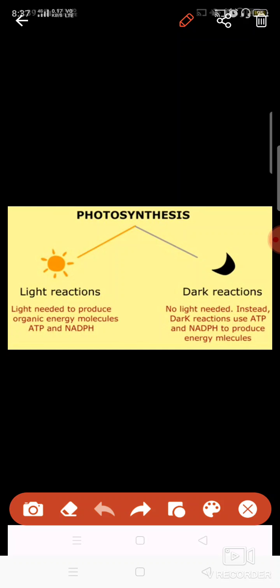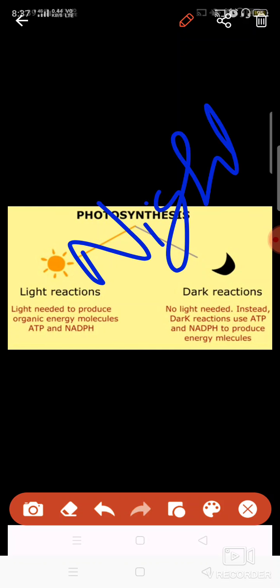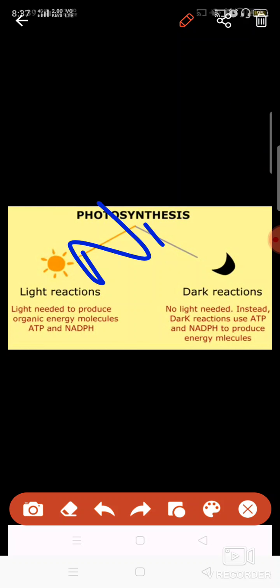Now you should know what the full forms of ATP and NADPH are. You can tell me in the class discussion. Once this light energy is converted into chemical energy, these chemicals are used during the night time when the sunlight is not available.